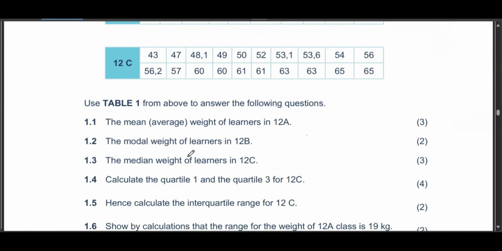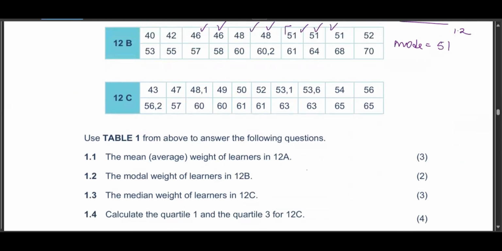Okay, let's look at the other question that says, the median weight of learners in 12C. Median. When we hear median, we need to arrange this data. But I can see it's already arranged. Yes, it's already arranged. Let's count 1, 2, 3, 4, 5, 6, 7, 8, 9, 10. So 20 learners.